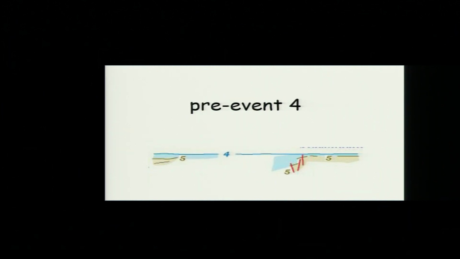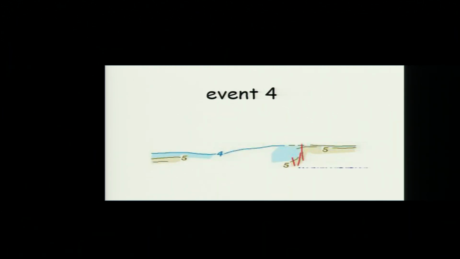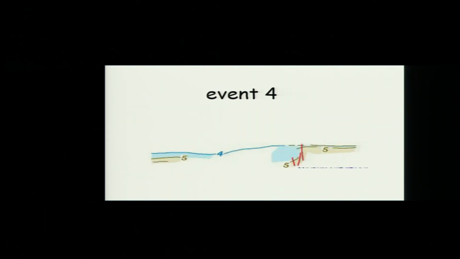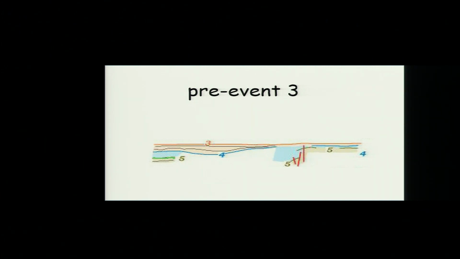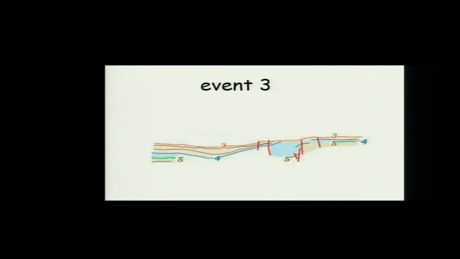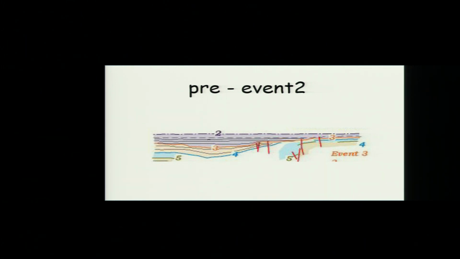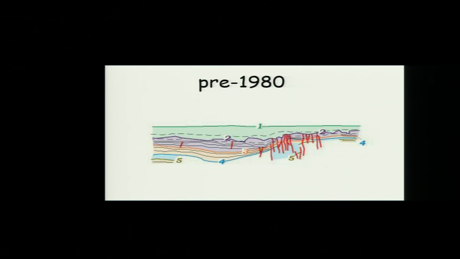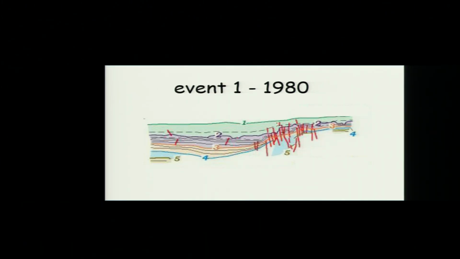You have event 5, then the phase of deposition, that is pre event 4, and then displacement event 4, then capping of event 3, then event 3 displacing layer 3, capping by unit 2, and then event 2 displacing unit 2, and then finally event 1, which displaces the most recent layer, that is layer 1.